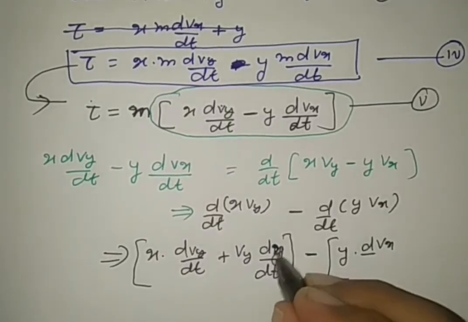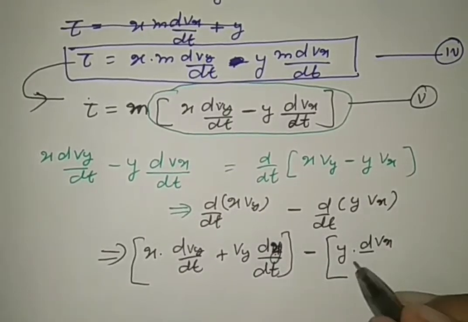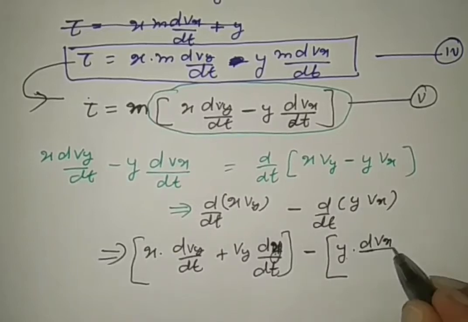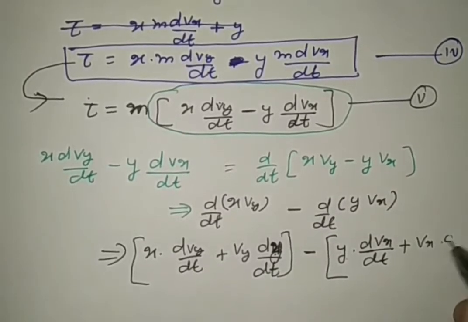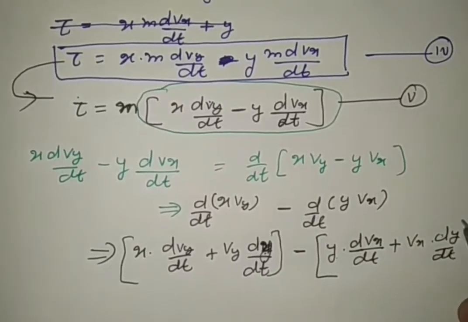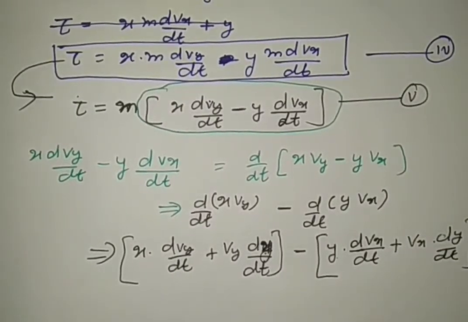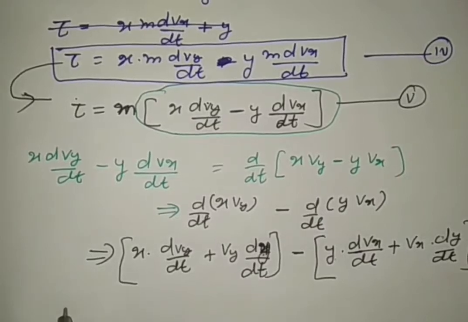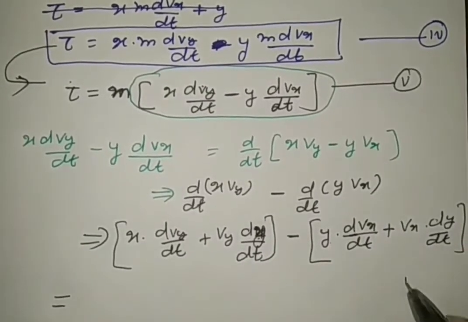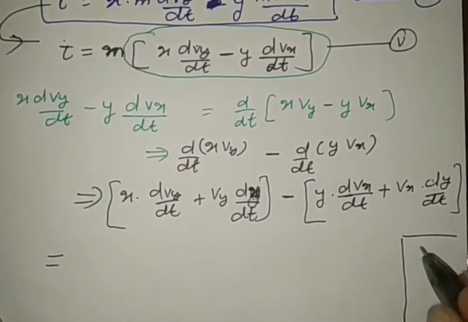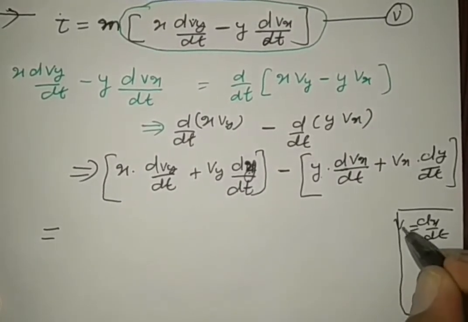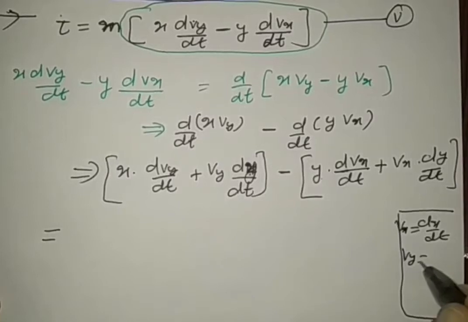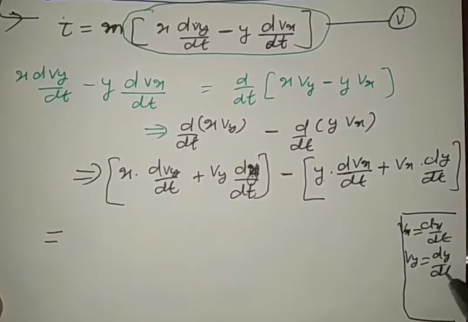So first function into differentiation of second plus second function vx into dy by dx. See very carefully. We are going to take some assumptions here. dx by dt we are going to take as vx and vy is equal to dy by dt.